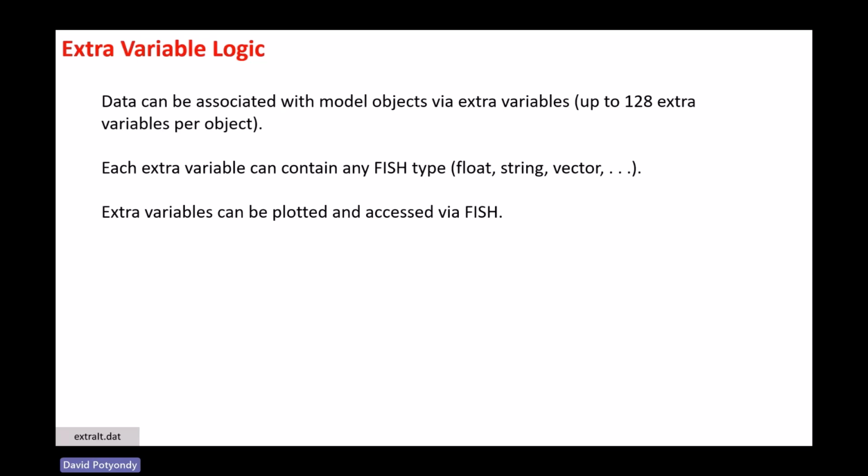This can be a floating point number. This could be a string like "I am Fred." This could also be a vector quantity. So let's say you knew a magnetic field variation over some region of space and you pack it with particles. You could go and assign the magnetic dipole as a vector at every single particle location, and assign it to every ball. And then you can plot these things.